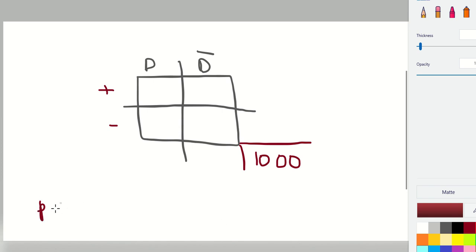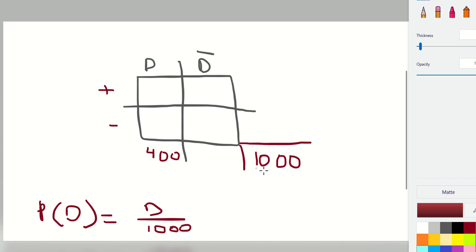If the probability of disease is 40%, that's all of those that have the disease divided by the 1,000, right? So hopefully you can figure out that this number is actually 400, because 400 over 1000 gets you the 0.4.